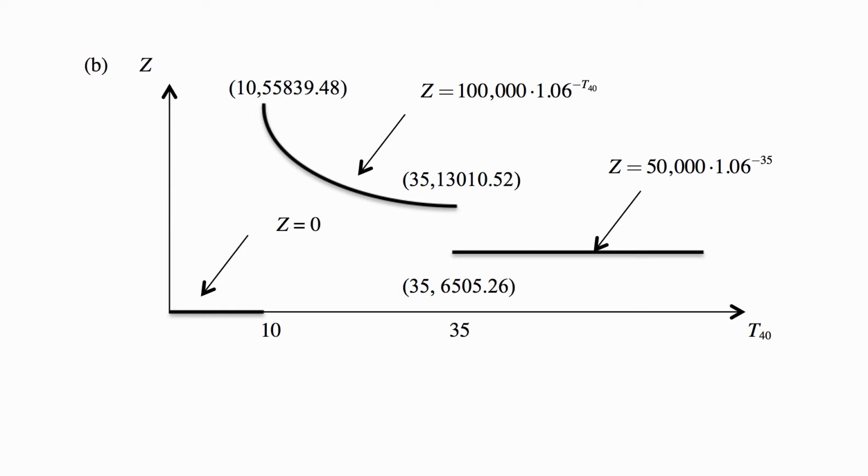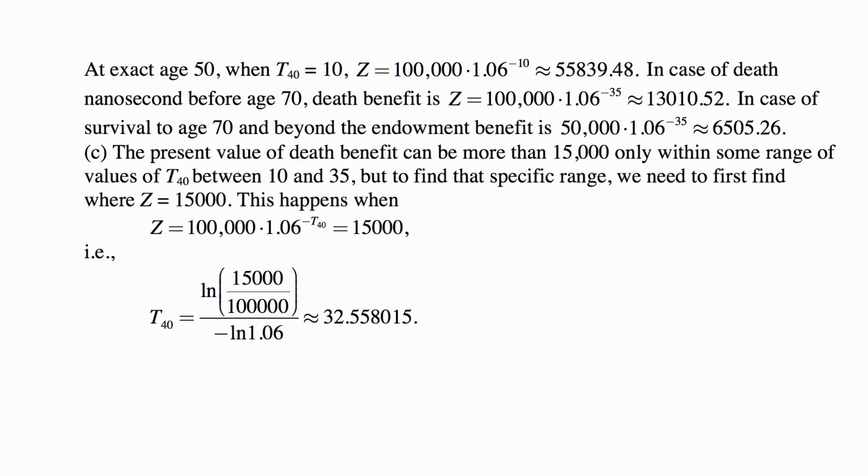But if the person survives, then the present value drops to 6,505.26, because instead of $100,000 benefits, a 50,000 endowment benefit is paid. And then, of course, beyond 35 into the future, so age 75, the present value is always the same, because the payment is actually made upon survival to age 75.